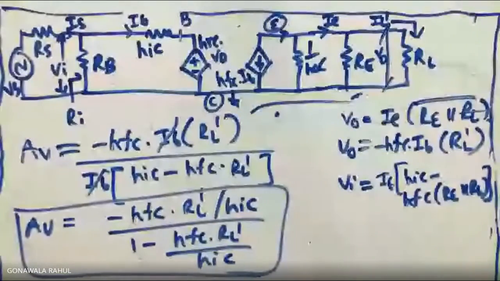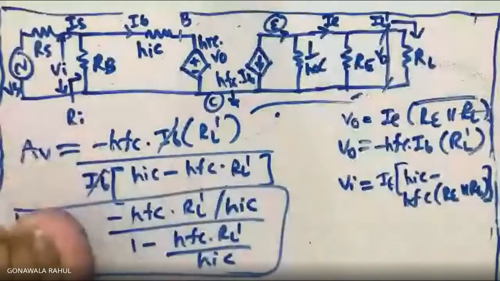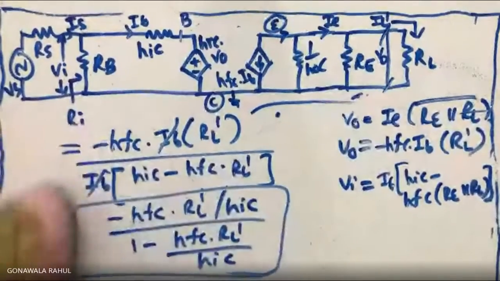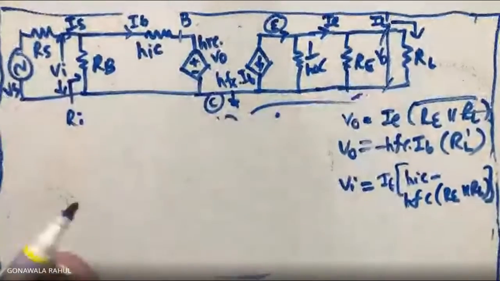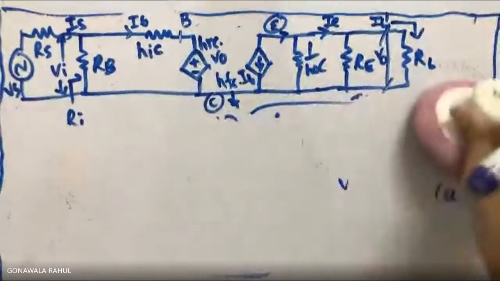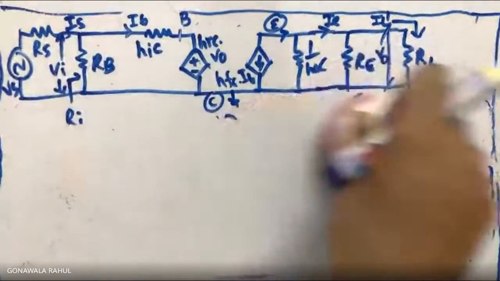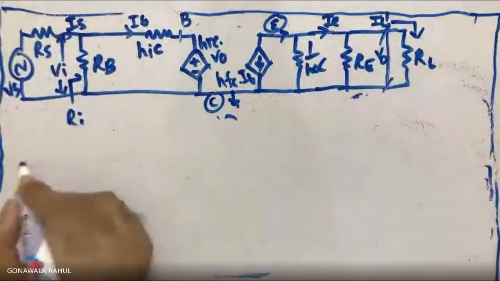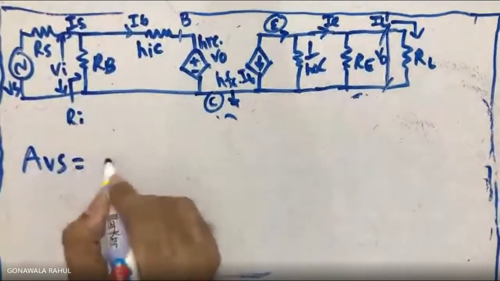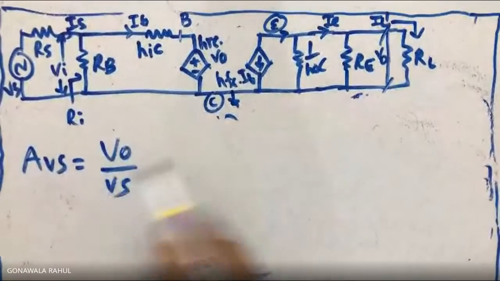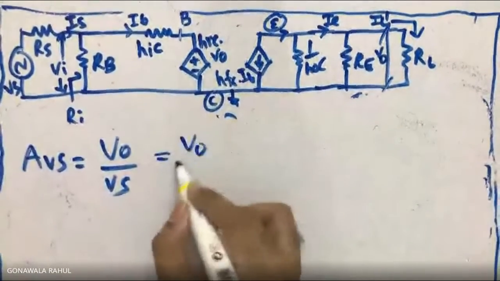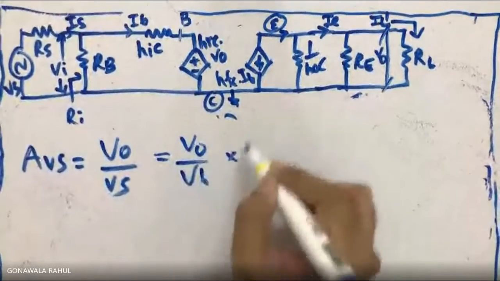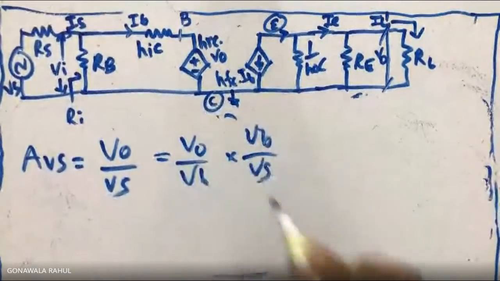Voltage gain has been done. Now we are going to find the voltage gain for the entire circuit considering source resistance also. So AVS is equal to VO by VS. I can write it as VO by VB into VB by VS, isn't it?